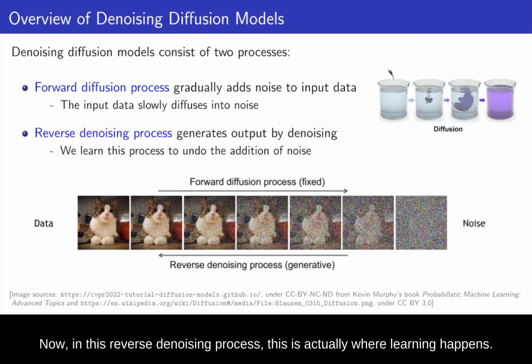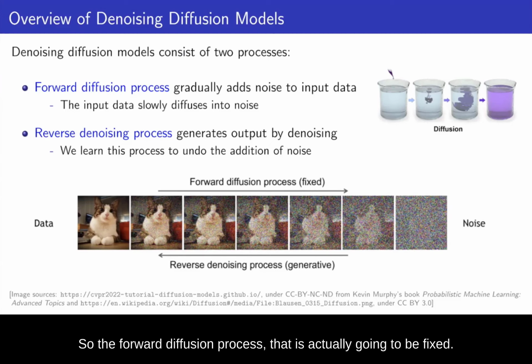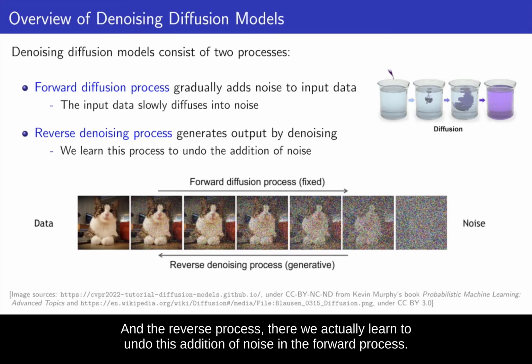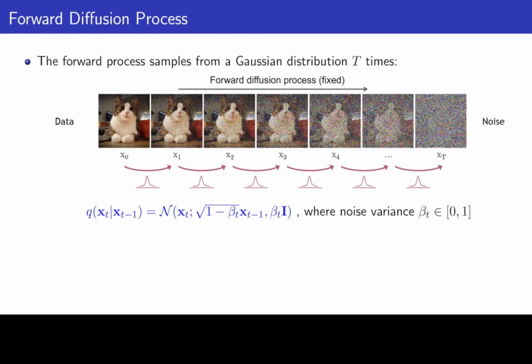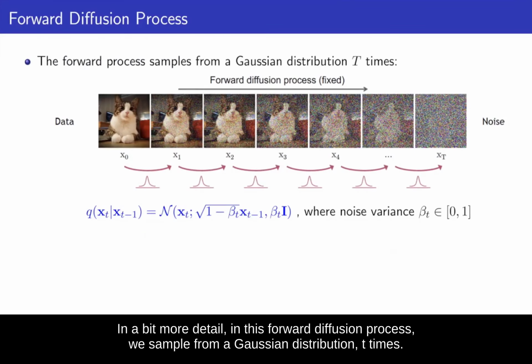Now, in this reverse denoising process, this is actually where learning happens. So the forward diffusion process is going to be fixed, and in the reverse process, we actually learn to undo this addition of noise in the forward process. Now, in a bit more detail, in this forward diffusion process, we sample from a Gaussian distribution T times.